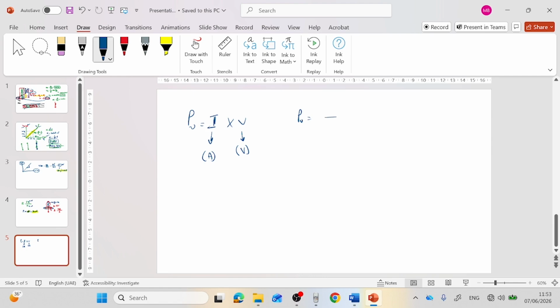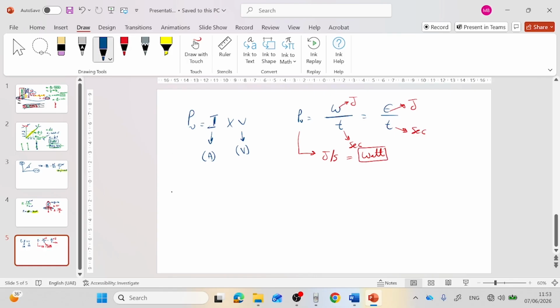Also, power is the rate of the consumed energy. So you can write E or W over T. W stands for the work, which is measured in joule. E stands for energy, which is measured in joule, and T stands for time, which is measured in second. So the unit of power is equivalent to joule per second, which is equivalent to another unit, which is called watt.